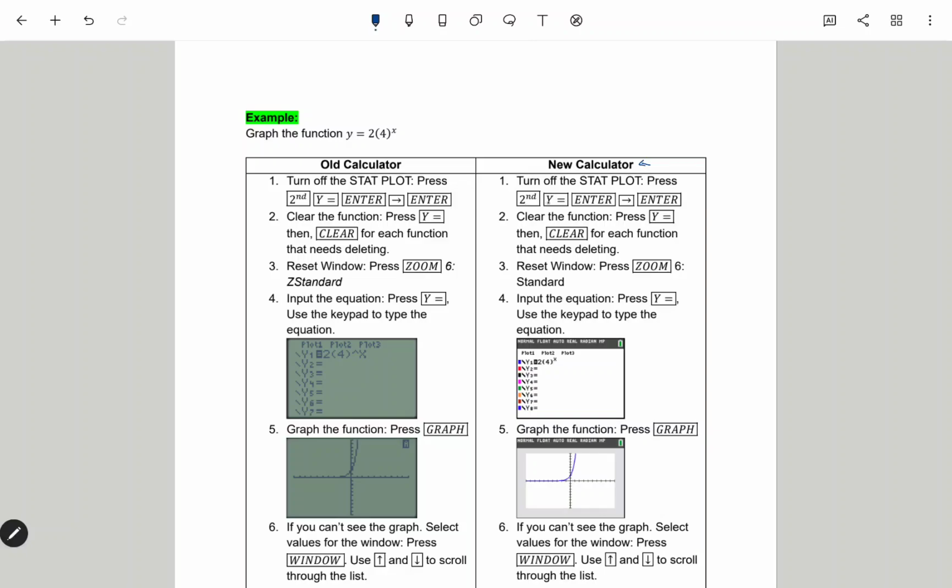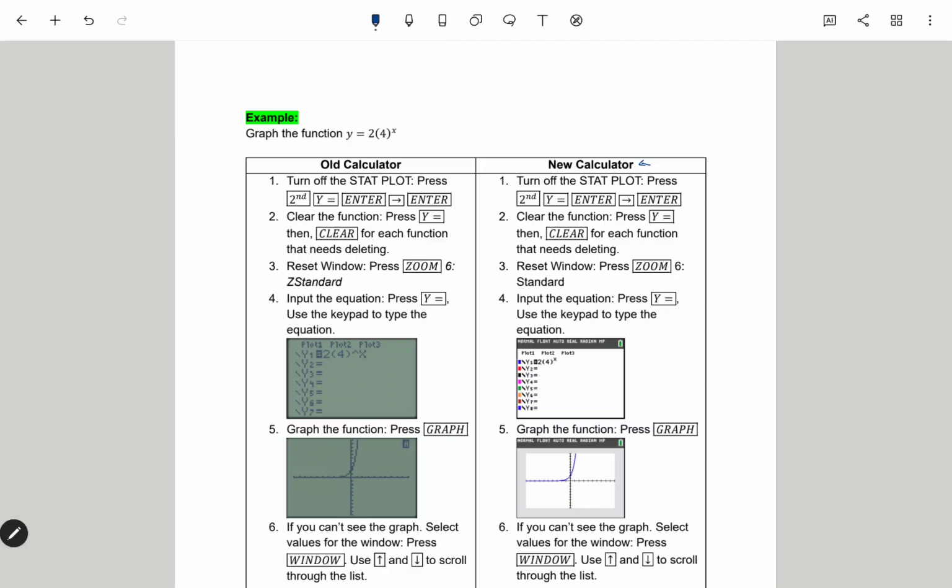So you're going to hit second y equals, enter, scroll over and hit enter. So when you go second y equals, it's going to bring up your stat plot screen. You're going to look at stat plot 1. If it says it's off already, then you're fine. You can just go to the next step. If it's on, this is when you want to go enter, scroll over to where it says off and hit enter again.